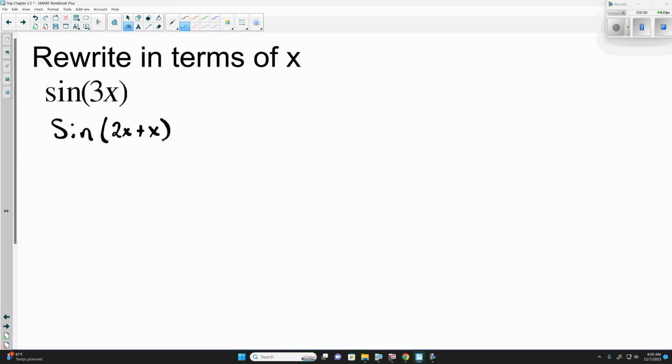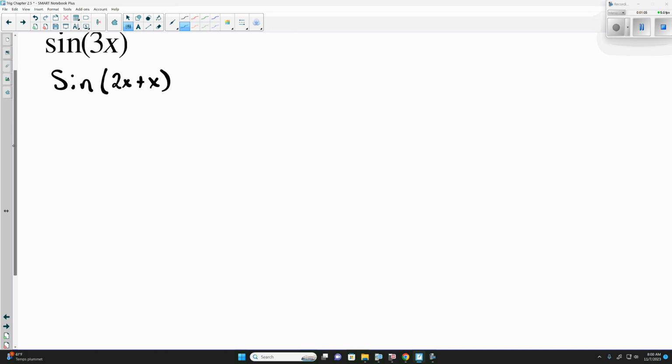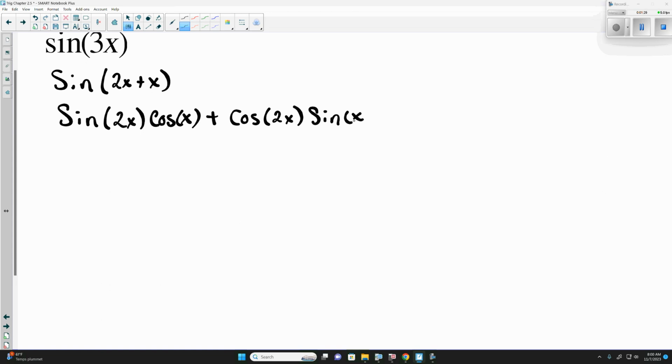Now our sum formula for sine is the same as sine of alpha, which is sine of 2x, cosine of beta, so cosine of x, plus cosine of alpha, sine of beta. And for us here, alpha is 2x, beta is x.